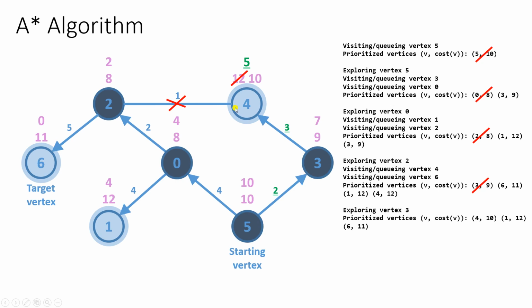In our case, the algorithm will see that the heuristic function value is 5, and it will follow the path across 3. That's 5 plus 3, that's 8, and plus 2, that's 10.